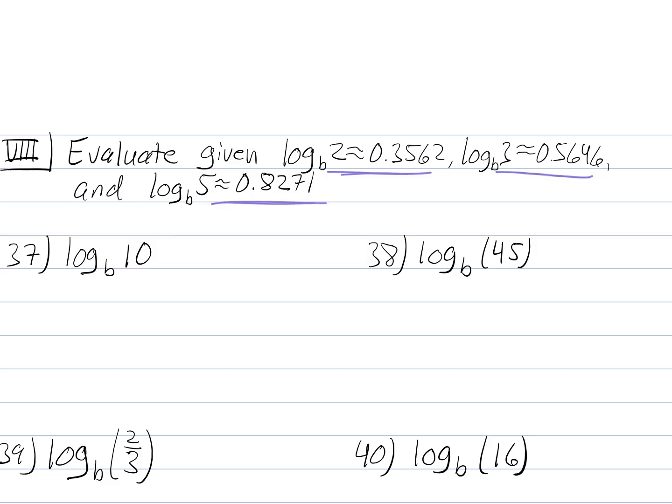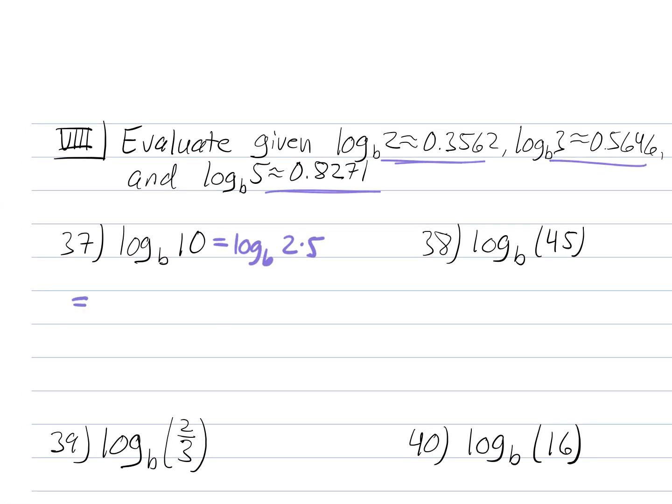Now 10, we can see that you can rewrite 10 as 2 times 5. This is an example of where you can use your product property and change this into log base b of 2 plus log base b of 5.